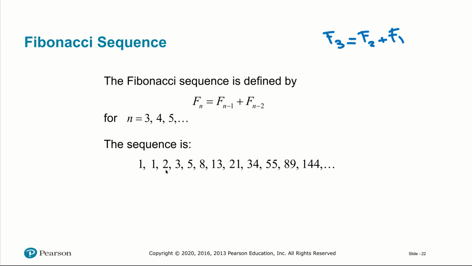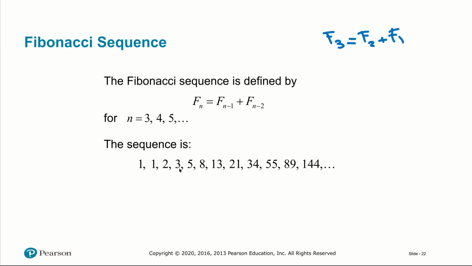Do note that some textbooks start this sequence with a 0, because that would also hold true, because 0 plus 1 is 1. But in this book, they didn't, so we'll stick with this example. So notice that the third term right here, 2, is the sum of the first and second terms? Yes, 1 plus 1 is 2.